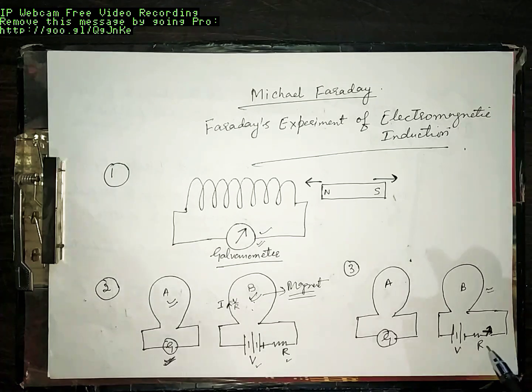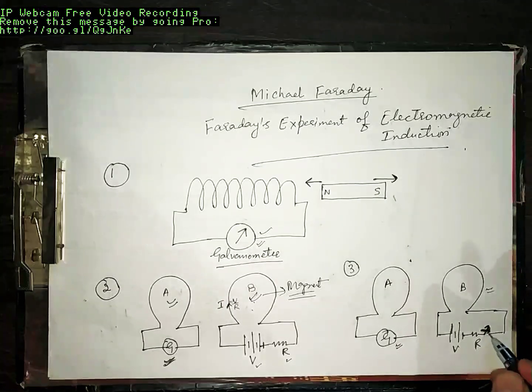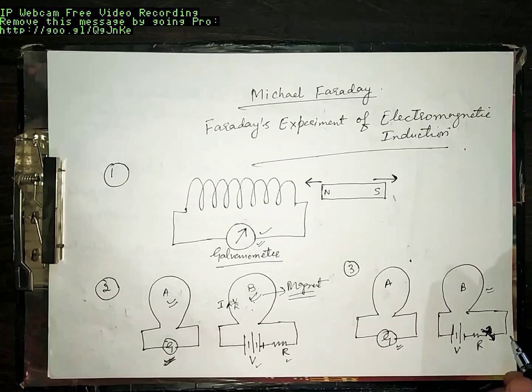When this switch is open, there will be no current through this coil. When there is no current through this coil, the magnetic field produced here is 0. Similarly, this galvanometer did not show any deflection. Then he closed the switch here. When he closed the switch, is the circuit complete or not? Now this circuit is complete.